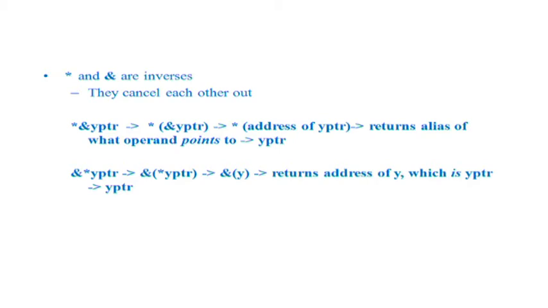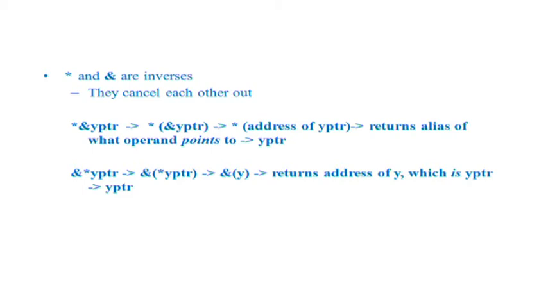That is, whenever I say star ampersand yptr points to star, that is address of yptr, which means that star into address of yptr, which returns an alias of what operand it points to.